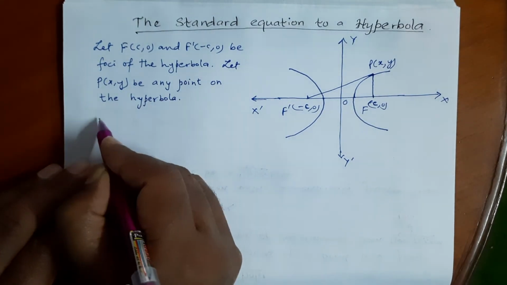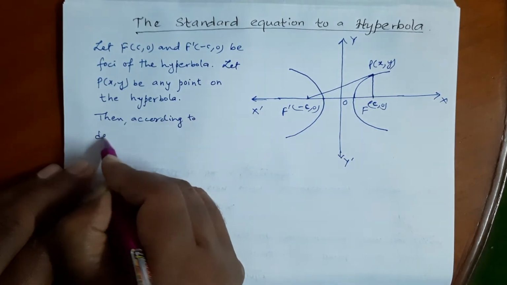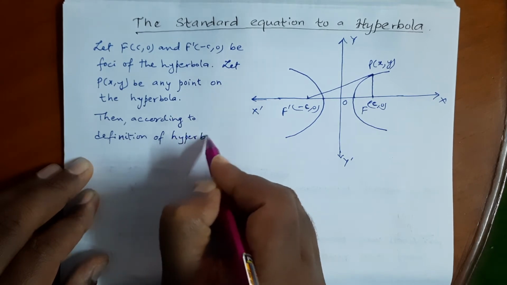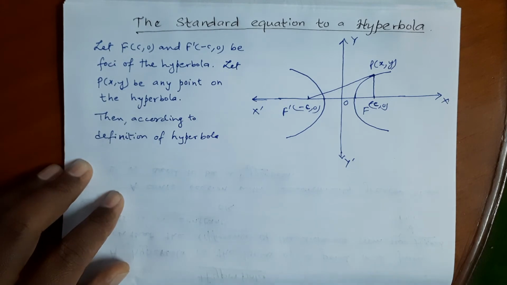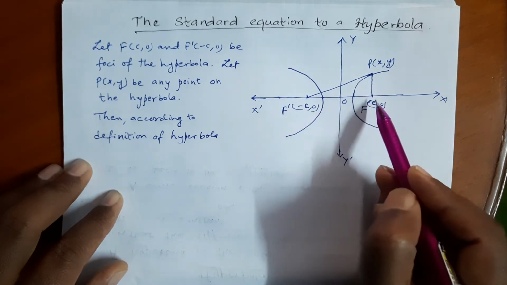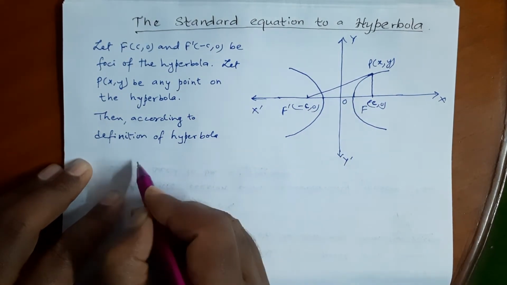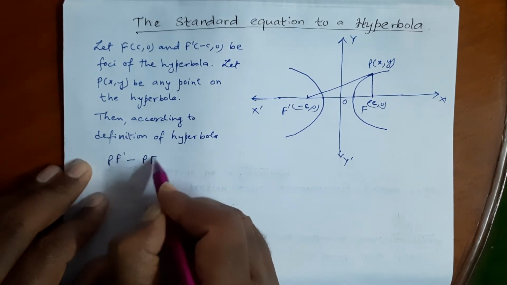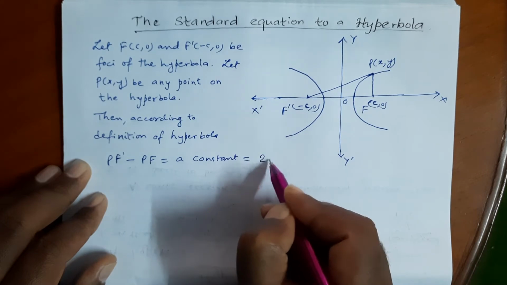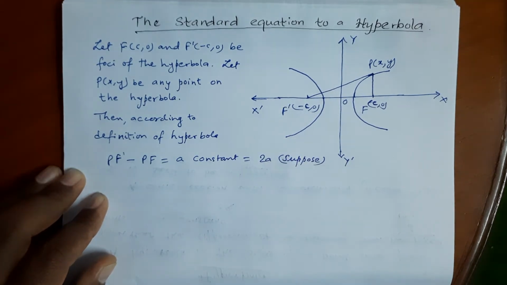Then according to the definition of a hyperbola, the locus of a point in the plane such that the difference of distances from two fixed points is constant, PF' minus PF equals a constant, which we suppose to be 2a.